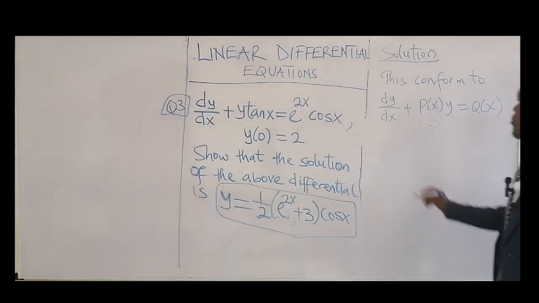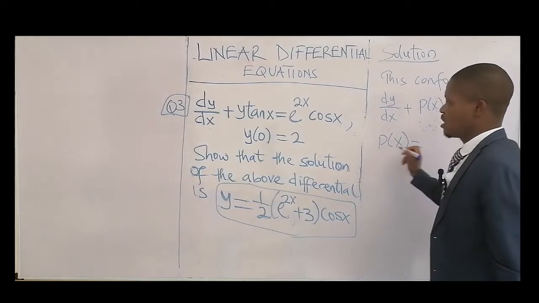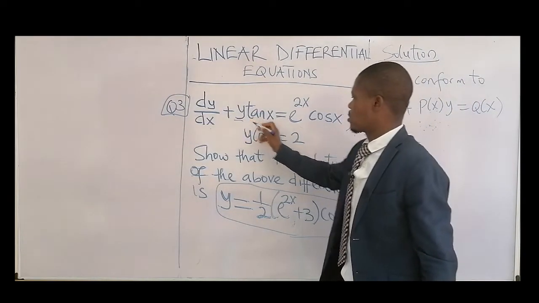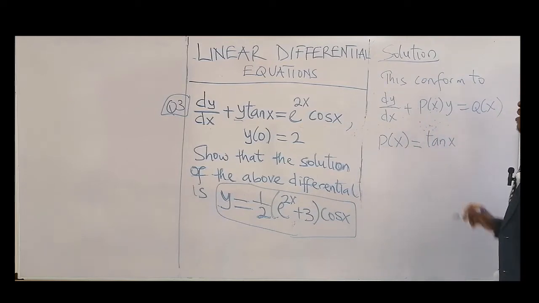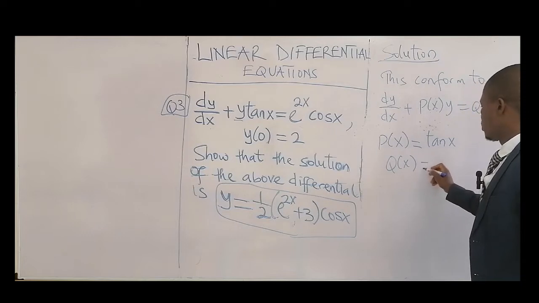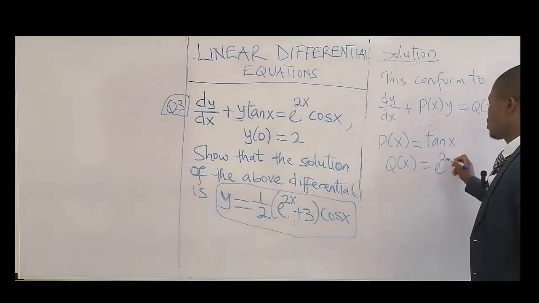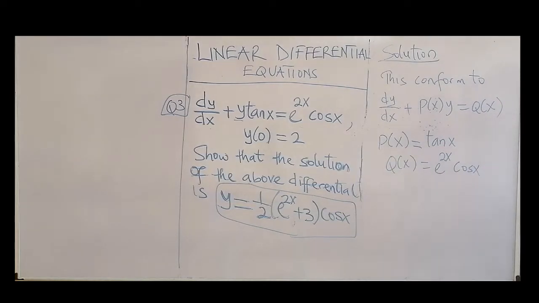And then where my p of x is the coefficient of your y, and that's tan x. And my q of x is exponential to power 2x times cos x.